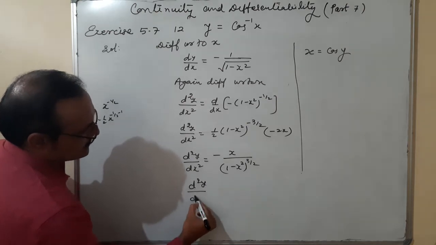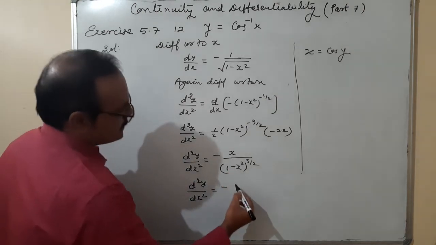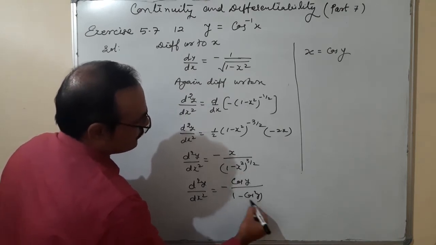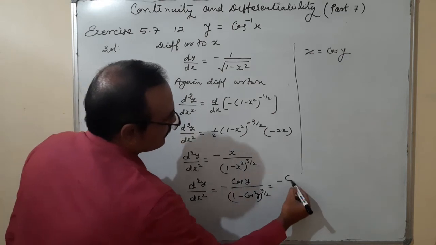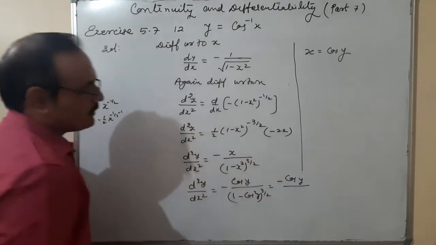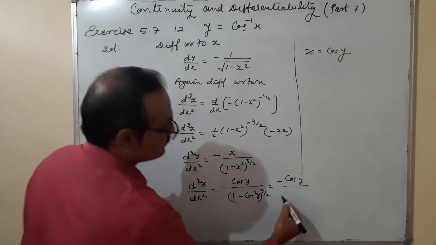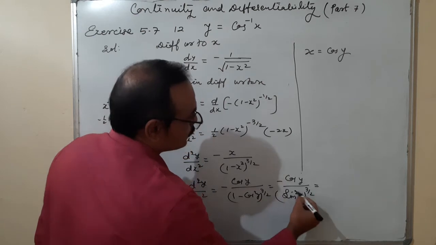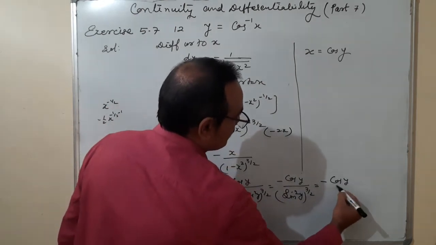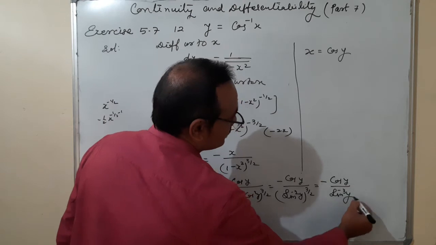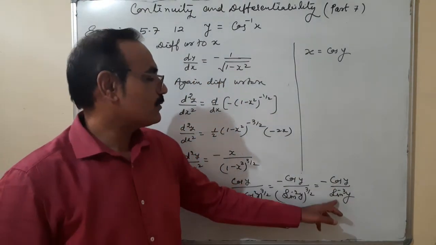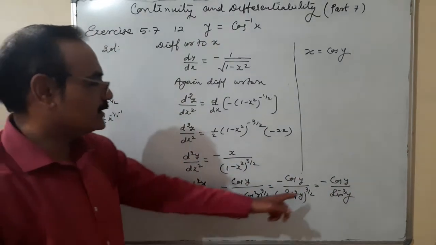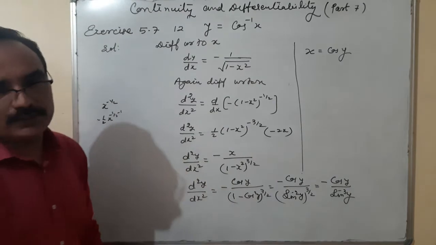D square y by dx square is equal to minus cos y upon 1 minus cos square y to the power 3 by 2. 1 minus cos square y is sin square y, to the power 3 by 2, so the 2 cancels: minus cos y upon sin cube y. You can also write it as cot y into cosec square y, and you can see all terms are coming in terms of y only.